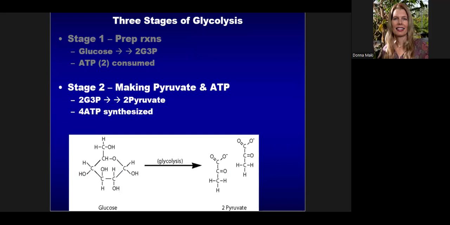In this stretch during stage 2, you do get 4 ATP. So then you get a net total of 2 ATP. By the time glycolysis is done to this point, you used up 2, you made 4, you're left over with 2. So you get 2 ATP going from glycolysis to pyruvate.